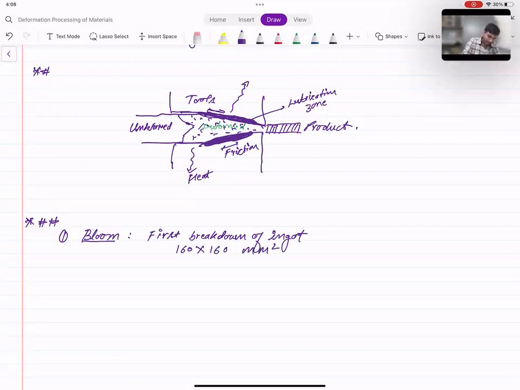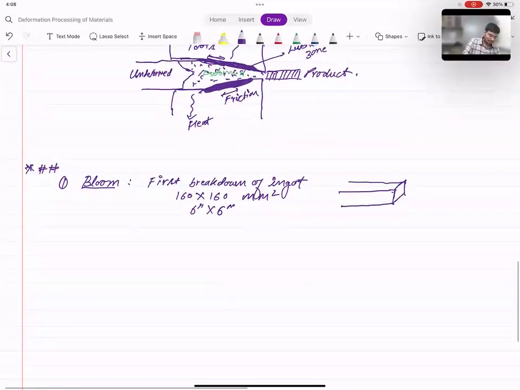Or if you see in inches, it will be approximately 6 inch by 6 inch. So this is a bloom, and it appears like a cuboid shaped component which has a cross section of about this dimension, that is 160 by 160 mm square.